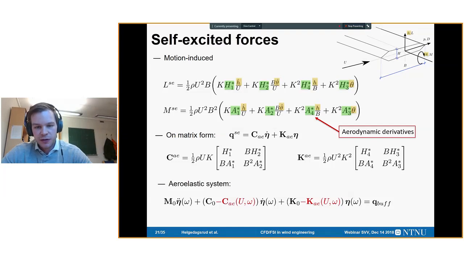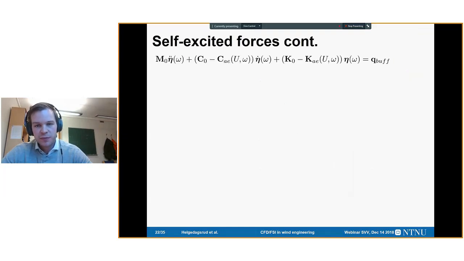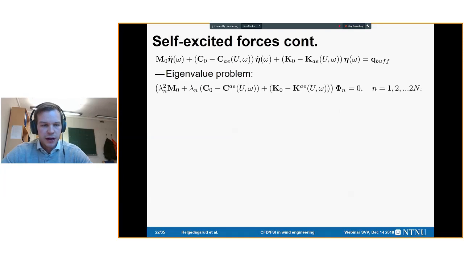So if we consider this aeroelastic system, we can solve the eigenvalue problem to give us the flutter characteristics. I forgot to say that self-excited forces are the mechanism that drives the flutter.